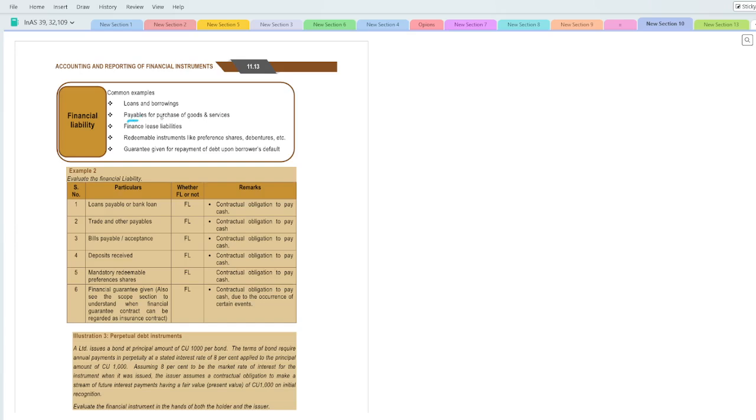That's why this is a financial liability. Then the financial lease liability: here also you will be paying cash for using the asset. So it's the financial lease liability.